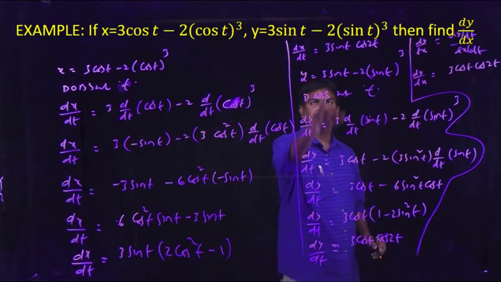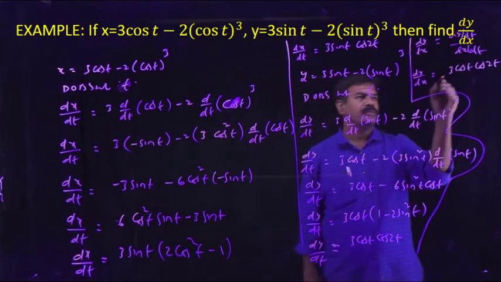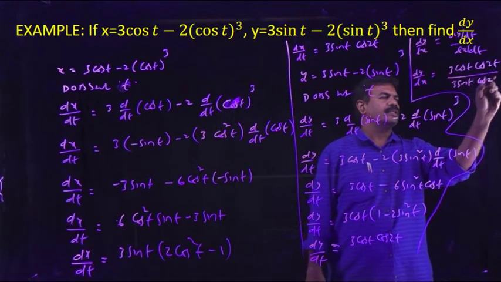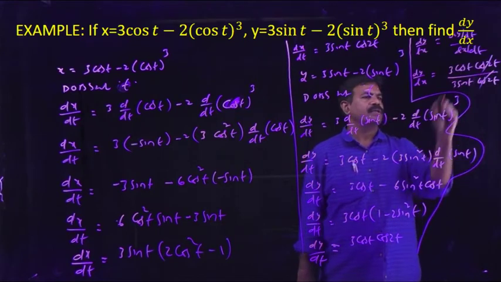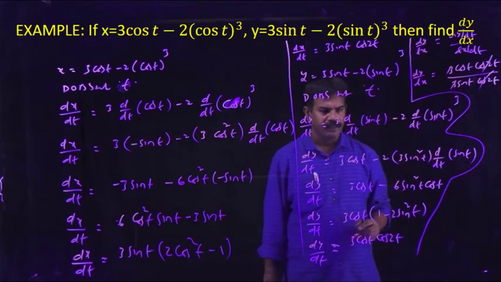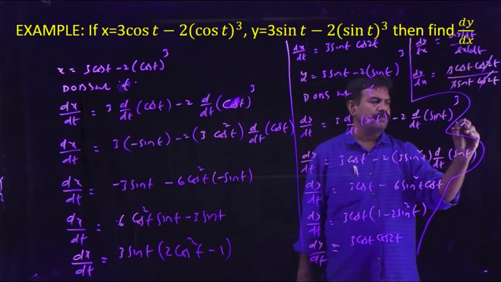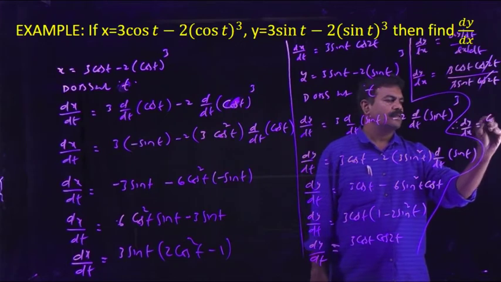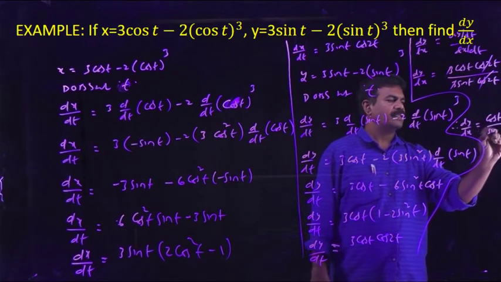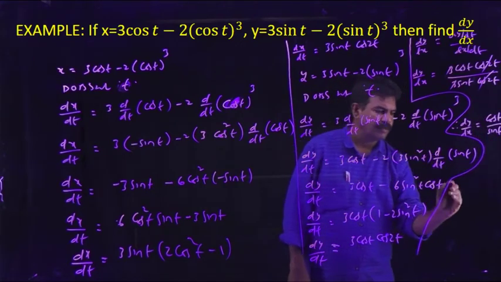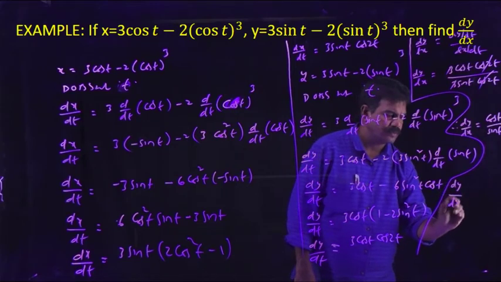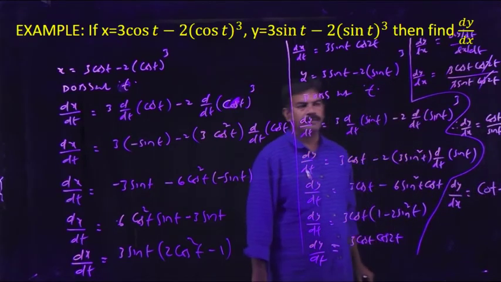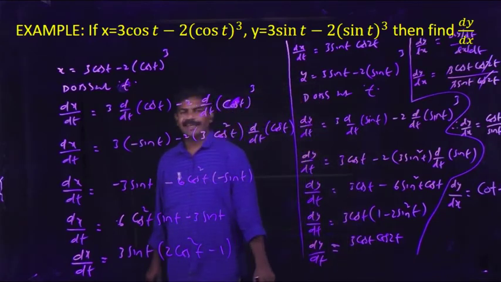And dx by dt is 3 into sin t into cos 2t. Cos 2t cancels, 3 cancels. Therefore dy by dx is equal to, numerator is cos t, denominator is sin t. That is dy by dx is equal to, cos by sin means cot t. So this is the solution of the example.